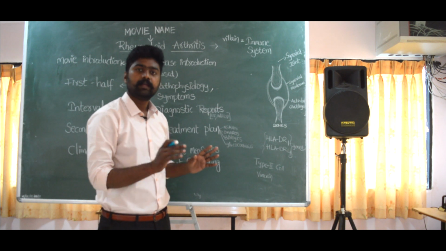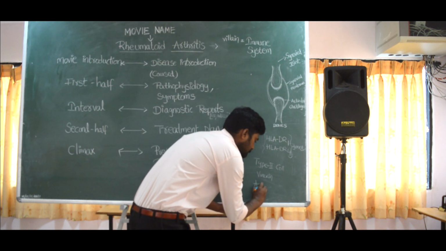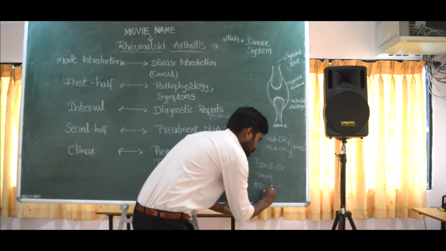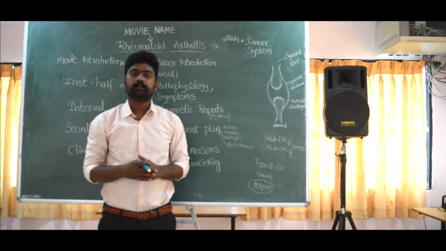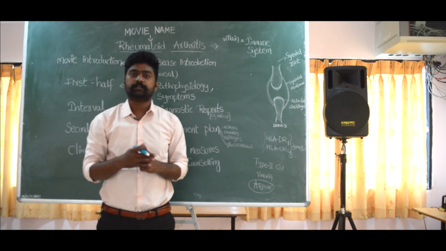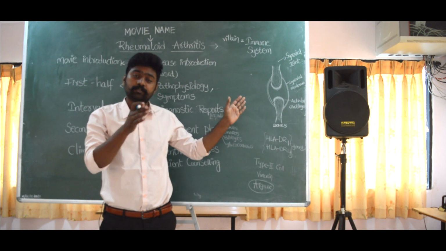For example, there is a compound called arginine, okay? Arginine amino acid is there. This arginine amino acid is modified into citrulline through a process called citrullination. So that's how this disease pathophysiology starts.